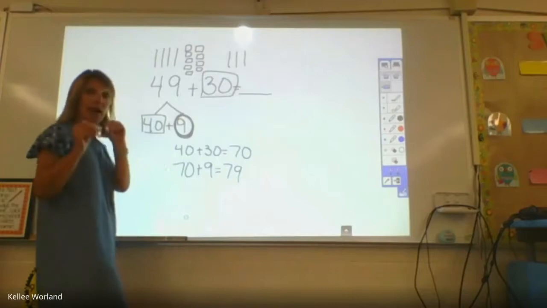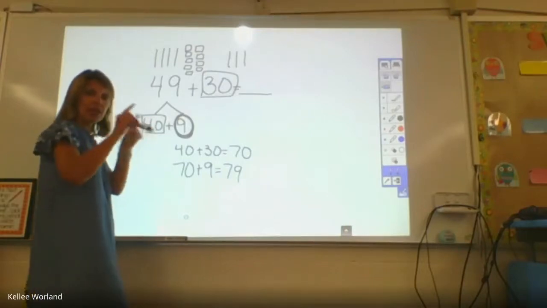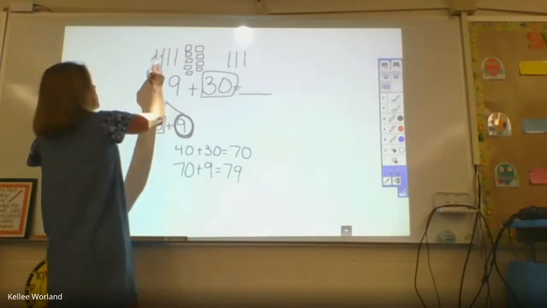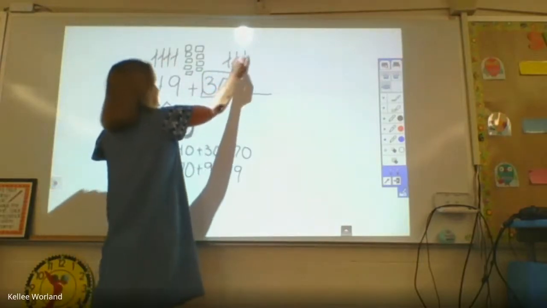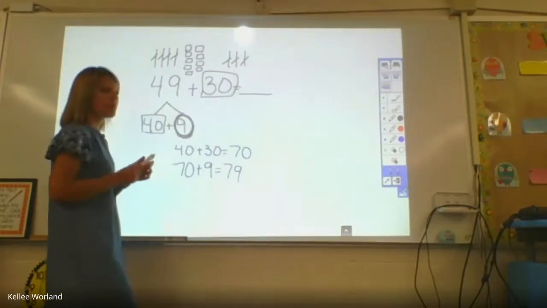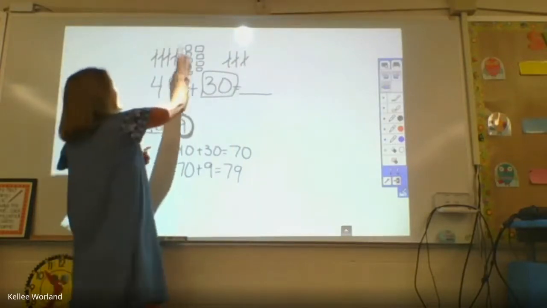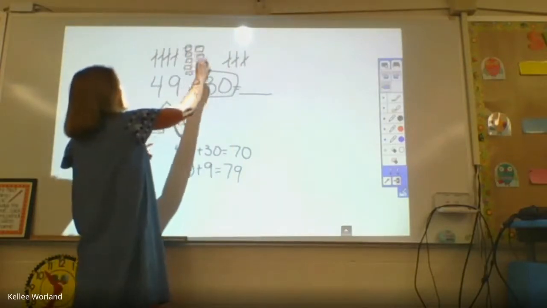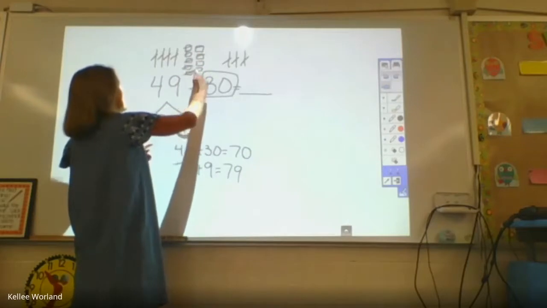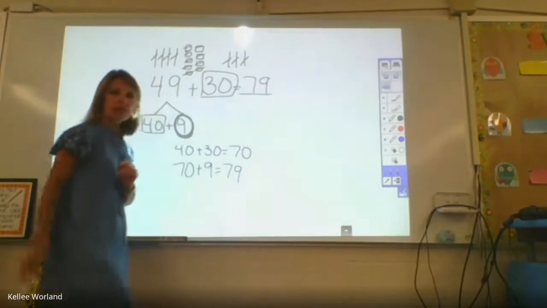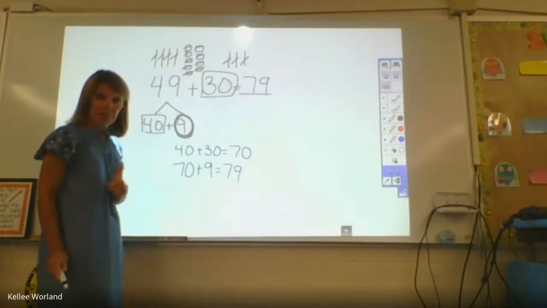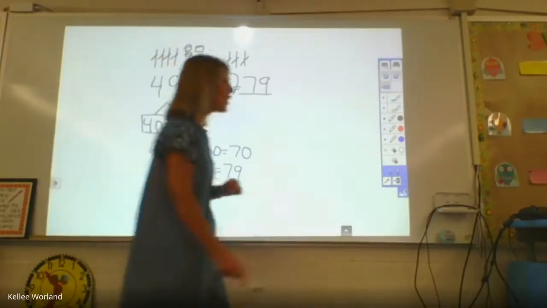You have to go back and you have to add your tens first. 10, 20, 30, 40, 50, 60, 70. Don't forget the ones. 71, 72, 73, 74, 75, 76, 77, 78. Okay? You getting the hang of it? I bet you are.